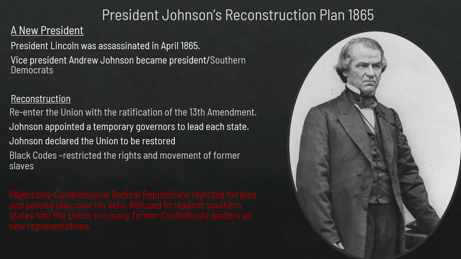It allows for disloyal leaders to dominate Southern politics. So they refuse to readmit Southern states under Johnson's terms, and they begin passing their own Reconstruction laws. And they're going to often override and veto anything that Johnson tries to do. So this is going to be another clash in the government trying to solve this problem of Reconstruction.